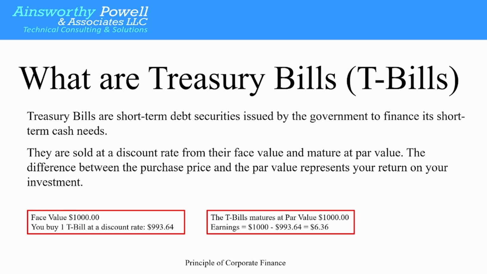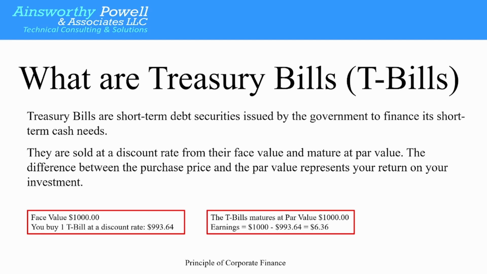They're sold at a discount from their face value and mature at a par value. And then the difference between the purchase price and the par value represents your return. What this is saying is the face value is the value of the security, the T-bill, usually $1,000 for one T-bill. And then it matures at par with the face value, so it would mature at $1,000 as well.